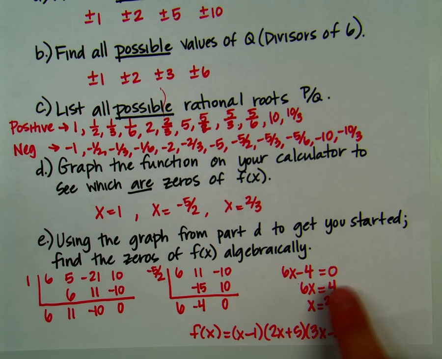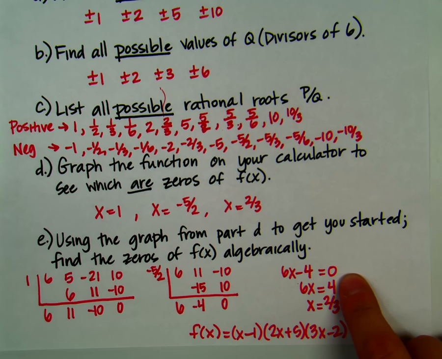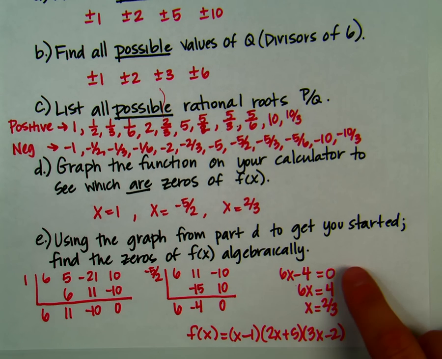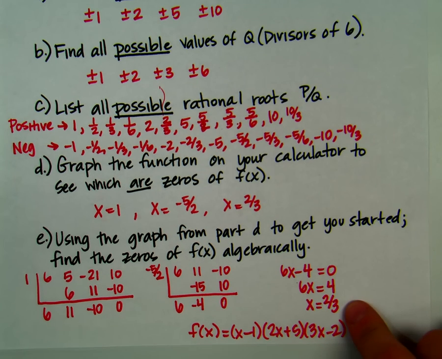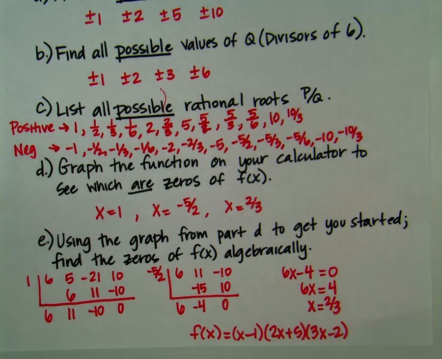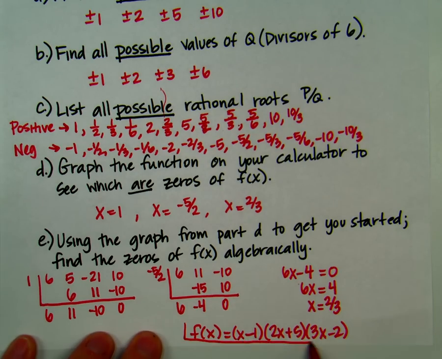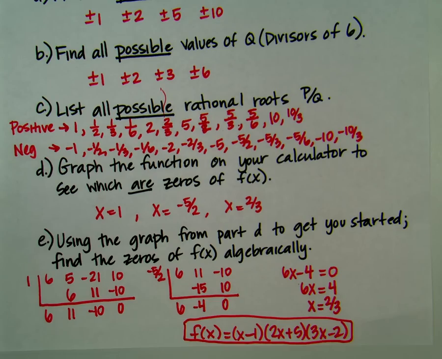That means that 6x minus 4 is a factor, and if we set it equal to 0, we can get our third root. All right, so in factored form, our answer would be f of x equals x minus 1 times 2x plus 5 times 3x minus 2. This is how you would write the polynomial in factored form if you were asked.